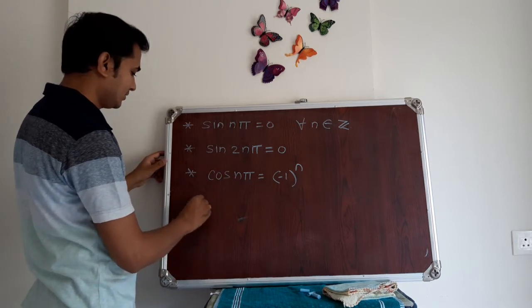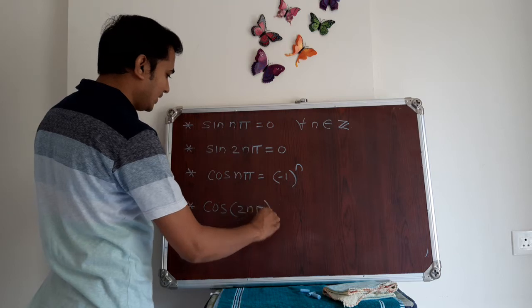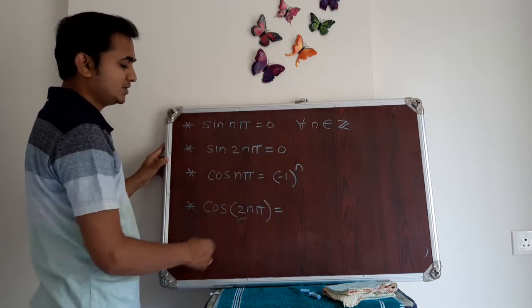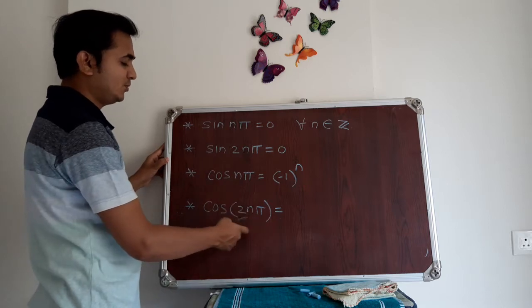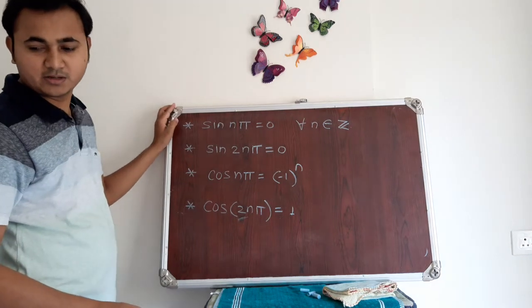Then cos 2n pi, that means these are even numbers, so cos 2 pi, cos 4 pi, cos 6 pi is always 1.